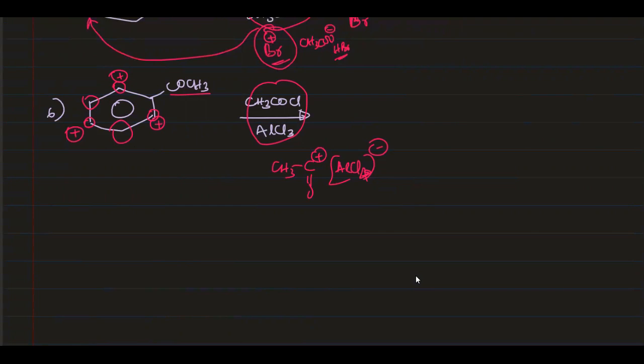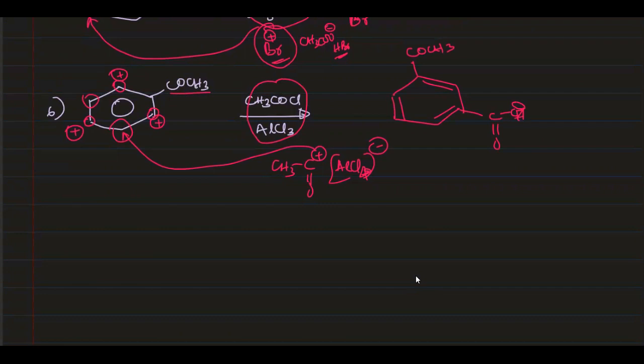This electrophile will get attached to one of the two positions. So you will get COCH3. I just have tilted the molecule here, and there is C double bond O CH3. So this will be the product.